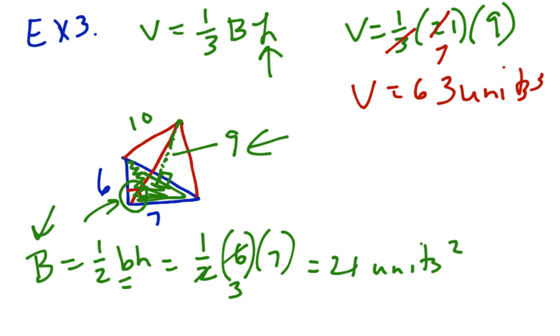If you have a pyramid, they might give you one with some kind of polygon base, like a hexagon, and then it goes up to the vertex.